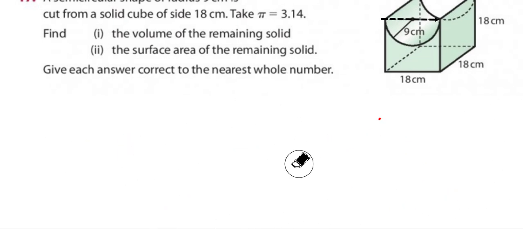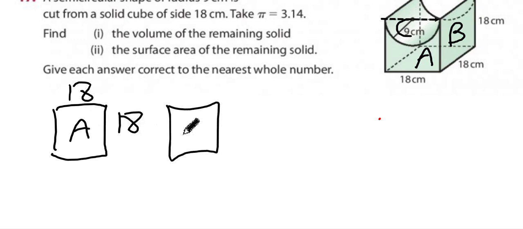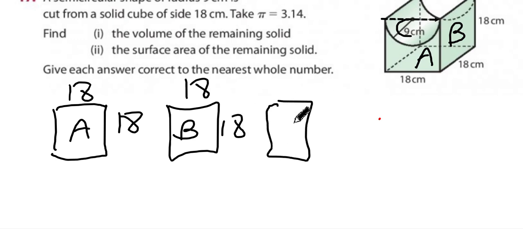Now, what's a bit harder, I said earlier, is the surface area. So what we're going to do is A, B, and C are the bottom, the right, and the left. And the bottom, right, and left are all 18 by 18. So that's A, B, and C. Is that okay?